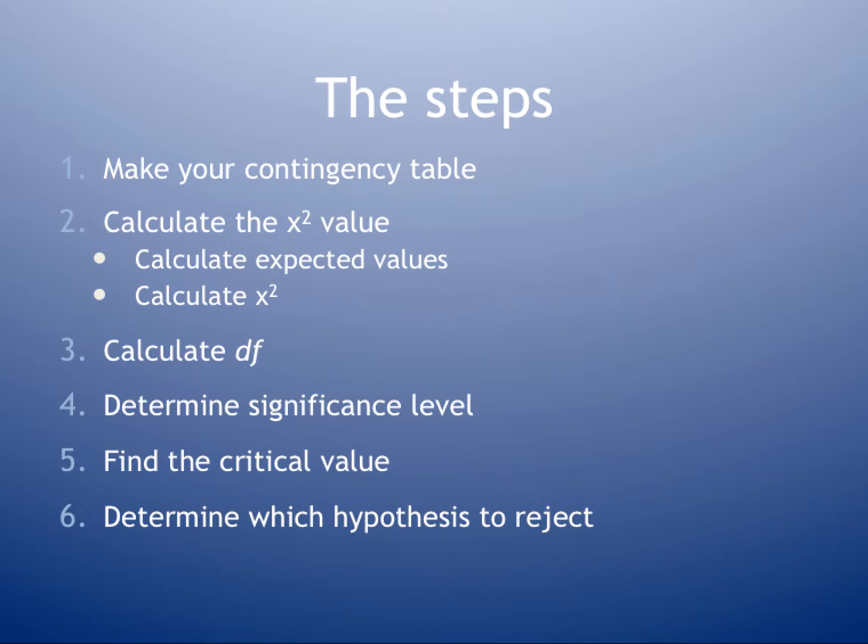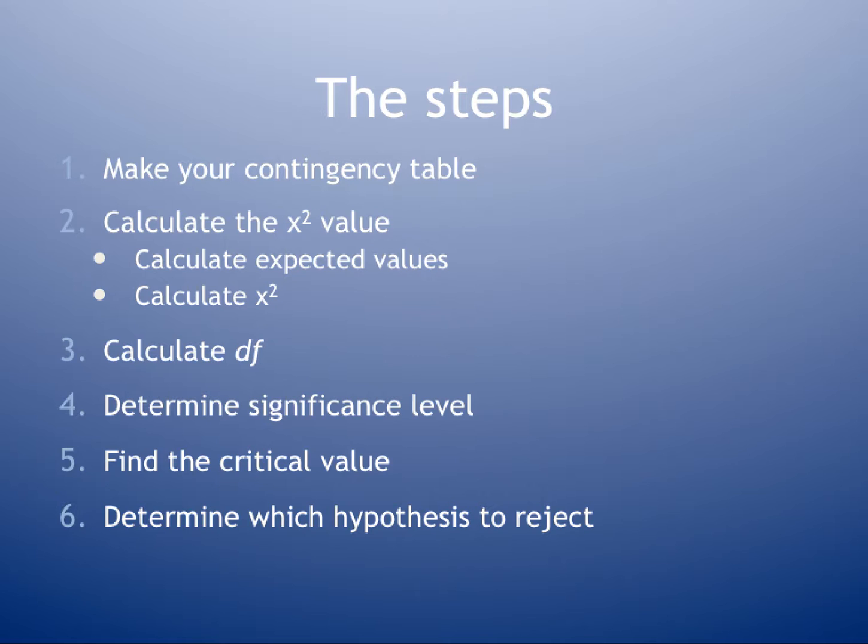All right, so what are the steps to this process? I told you I'd outline them, and this is really what you need to know in order to finish a complete chi-square test. You need to first make your contingency table, then calculate your chi-square value. You have to first calculate the expected values, and then you can calculate your chi-square. Then you need to calculate degrees of freedom, which will be relatively simple.